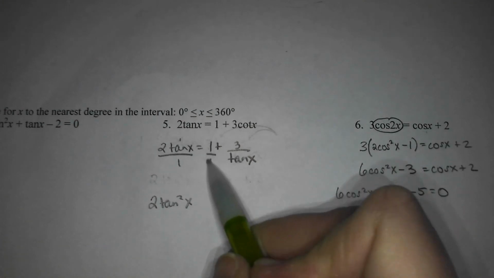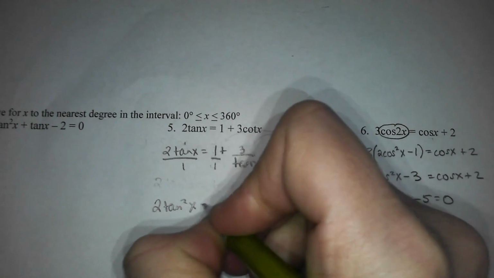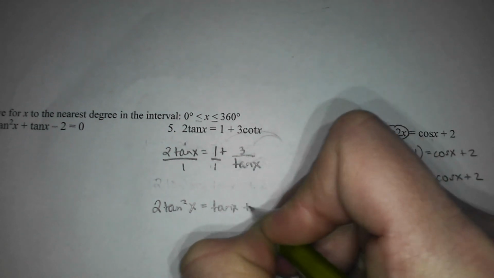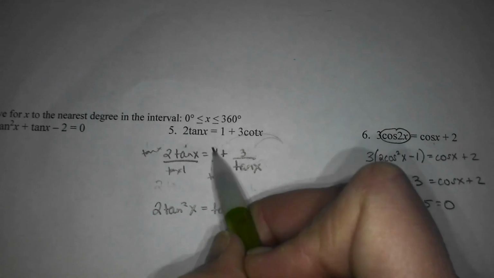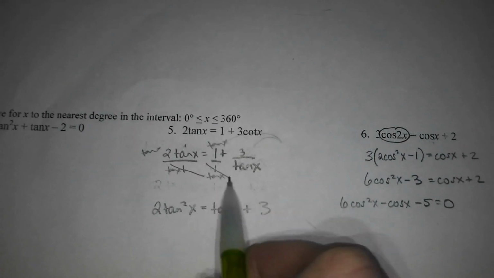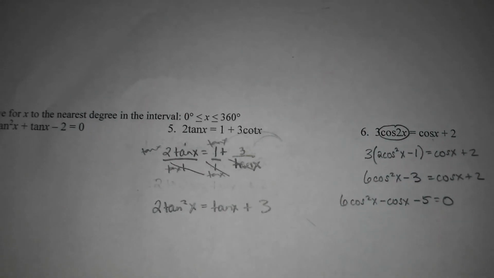Give this one a tangent over a tangent, it will be equals tangent, and then plus 3. Once you have a common denominator everywhere, you can drop it, and it's the same quadratic we got from doing it the way I just did it. Does that make sense? So whatever you like better. So that would be factorable or not? Yeah, that's factorable. We have to subtract some things over first, but it will be factorable. You'll factor it, you'll tee it up, you'll find 1 or 2 solutions for each piece.